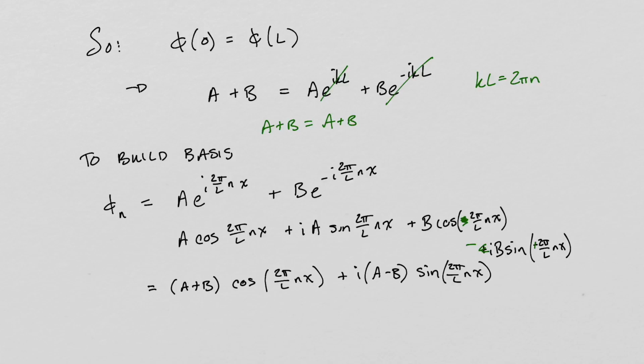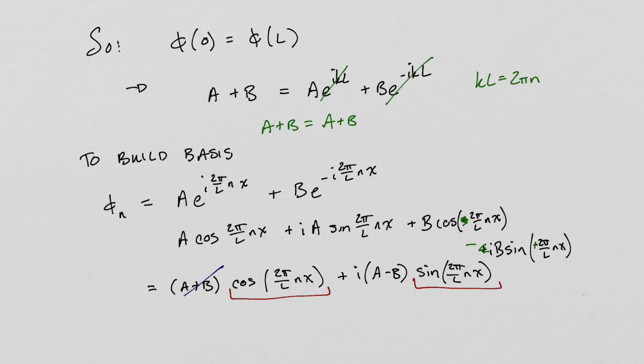And so I can see that the cosines and the sines make up an equivalent set of basis functions. This is confusing because for every value of n, I now have two basis functions. It really means that I still have a countable number of basis functions, although for a given n, the way that we've defined the quantization condition, I have two different choices.